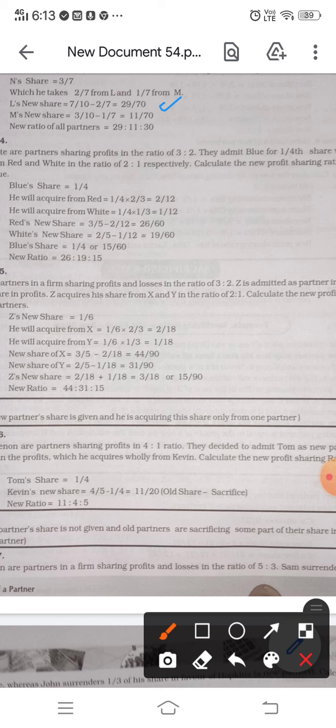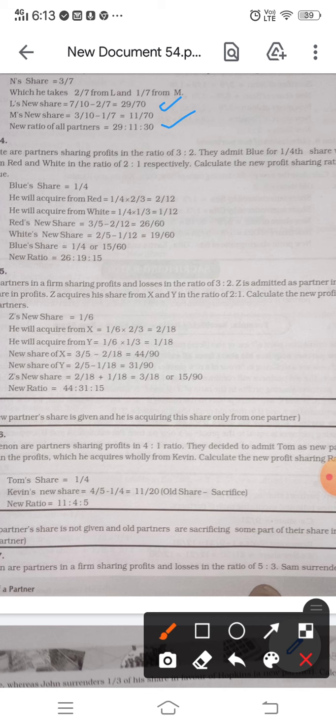In this he is sacrificing 2/7. So taking the LCM and using mathematical methods, we have to find the ratio. And for M also, already 3/10, and he is sacrificing 1/7 to N. Already N's new share is 3/7, so he is bringing a share of profit of 3/7.